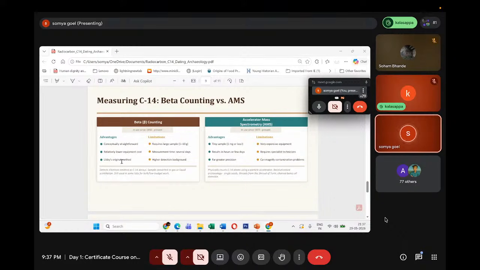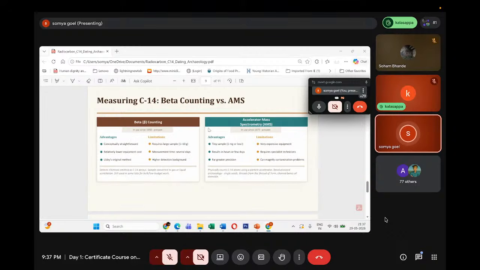So we create the conditions for this decay, right? We recreate this process of decaying and measure it. Now this requires about 1 to 10 grams of sample, and it takes a long time, like several days.